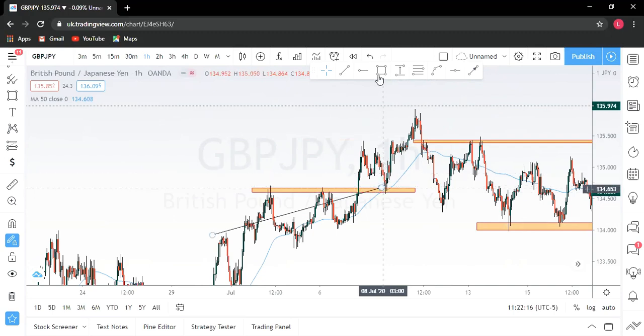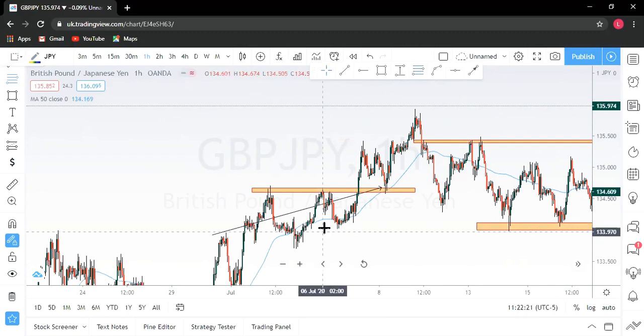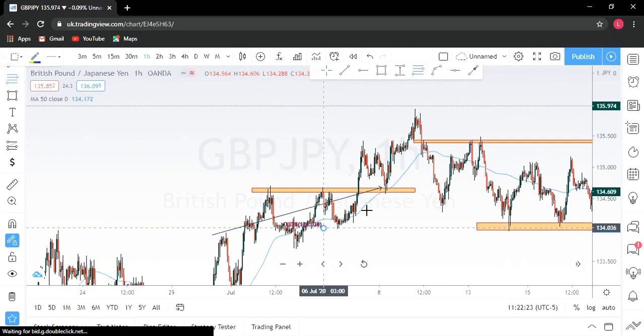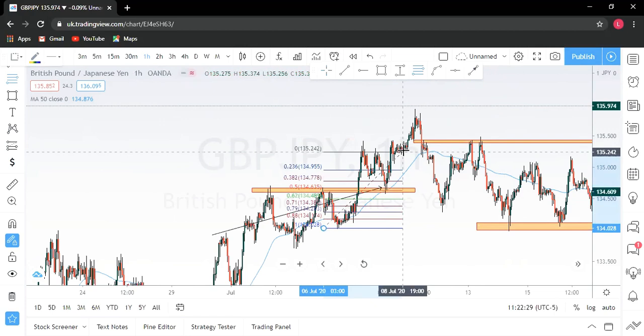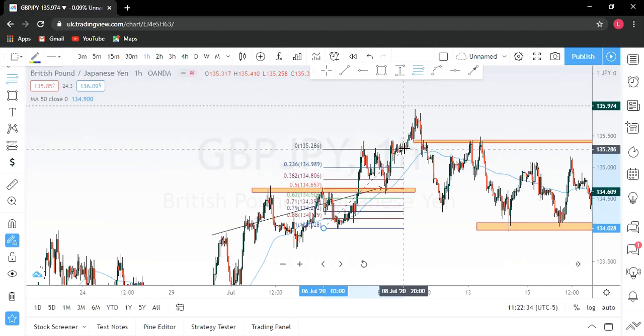So now let's take our Fibonacci to see if our Fibonacci is also acting as a resistance. You take it from here, from this level that it started going up, to this place that it started coming down. So let's see if it actually falls under our 0.5.